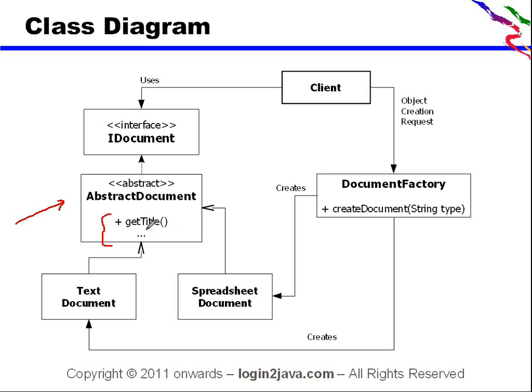All these methods can be here in the abstract document. So this is another possibility for a factory method. For the common implementation, you can have abstract class with interface.